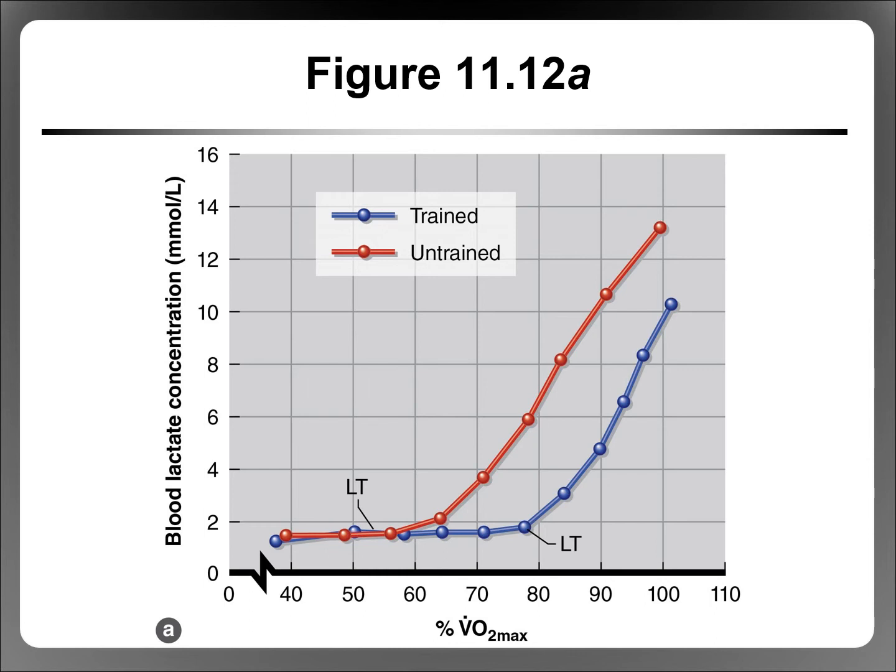So if our untrained individual, we can see this happening at around somewhere between, I'm going to call it 58% of the VO2 max, and then this highly trained individual isn't occurring until 80%. So this means that when we look over here, so let's say they both max out at 100% of their VO2 max, an individual who is trained only accumulates around 10 millimoles of lactate, while an untrained individual is accumulating around 13.